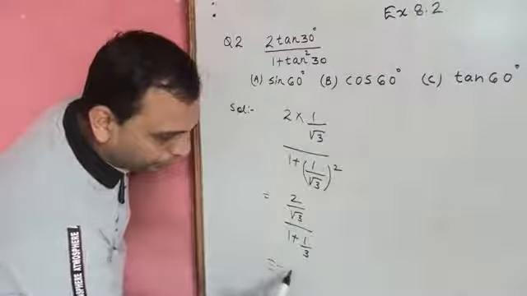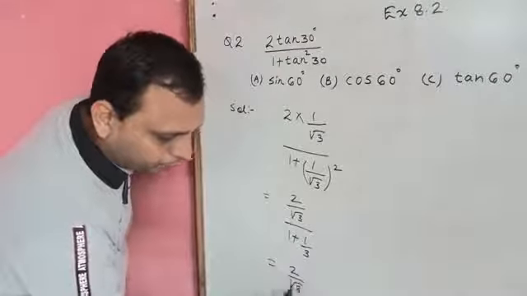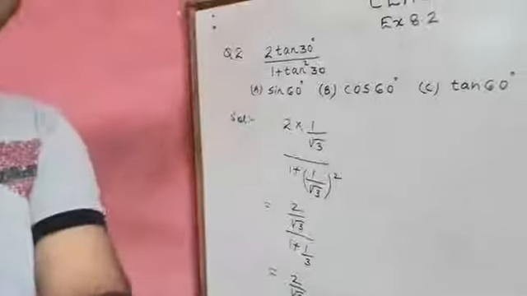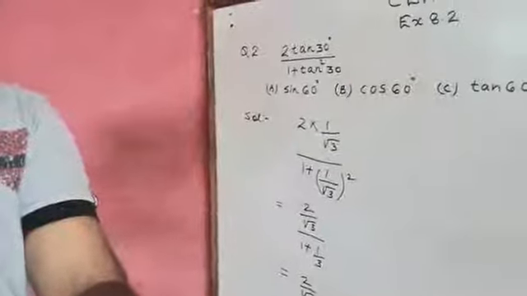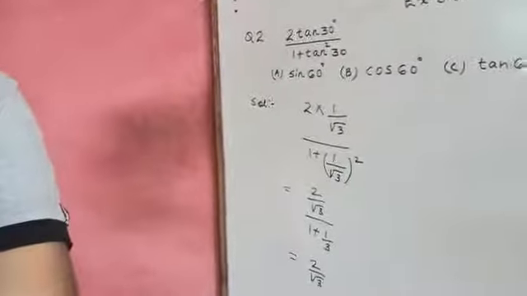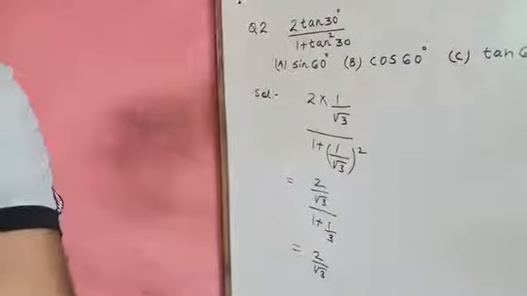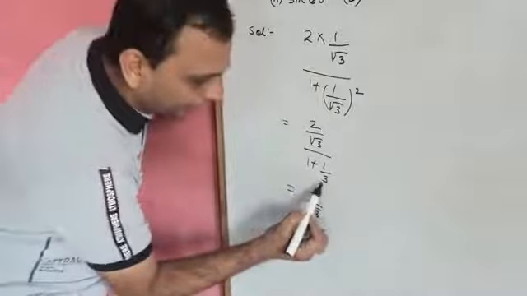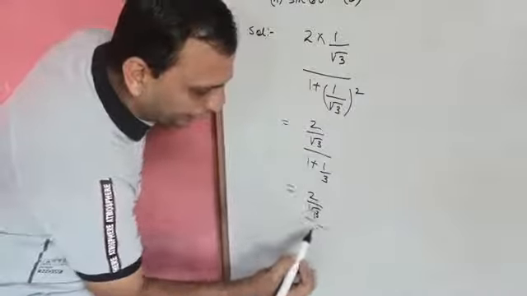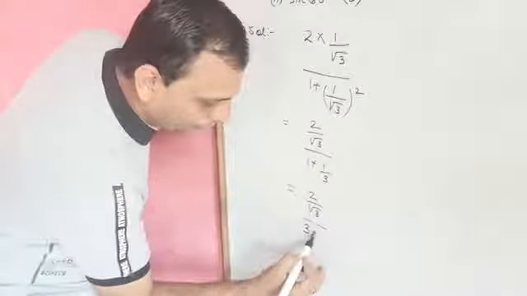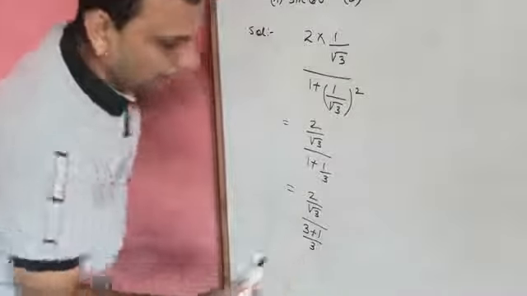So it is equal to 2 upon root 3 upon, and then we have to take the LCM in the denominator also. Here the LCM will be 3, so 3 plus 1 upon 3.